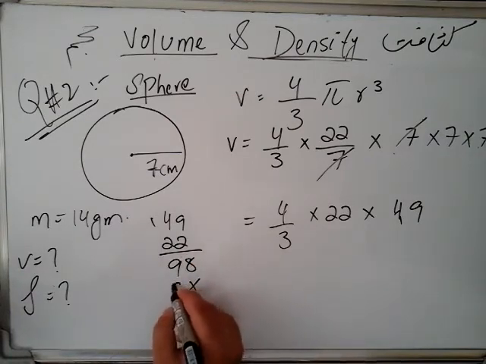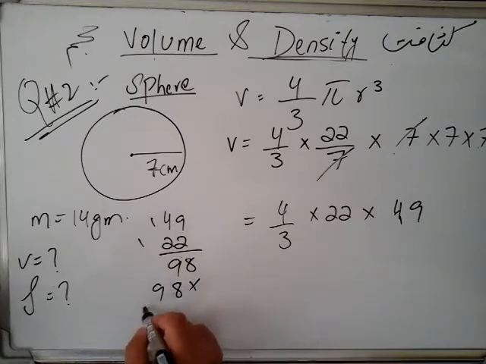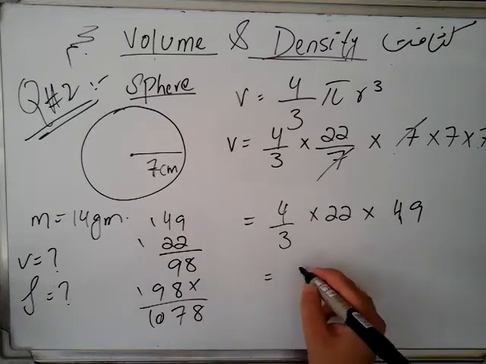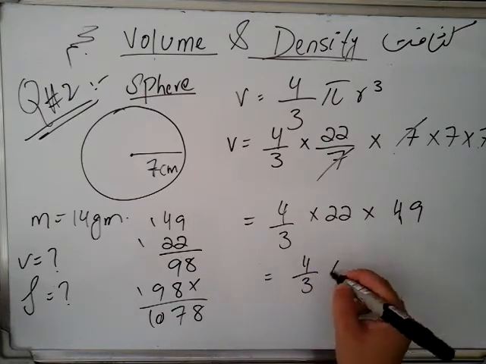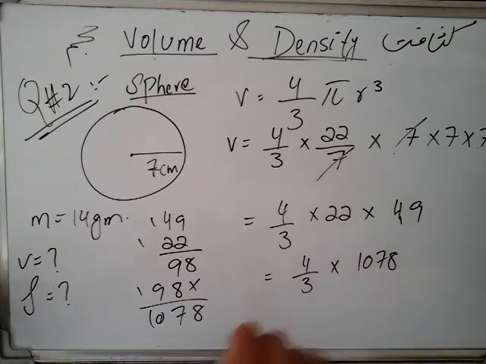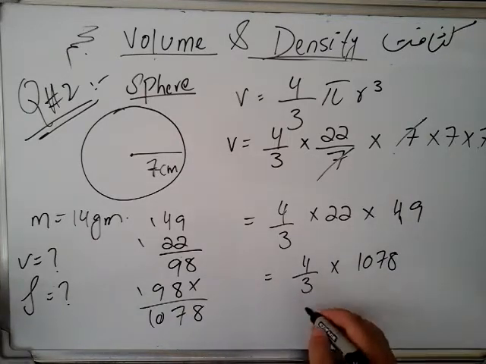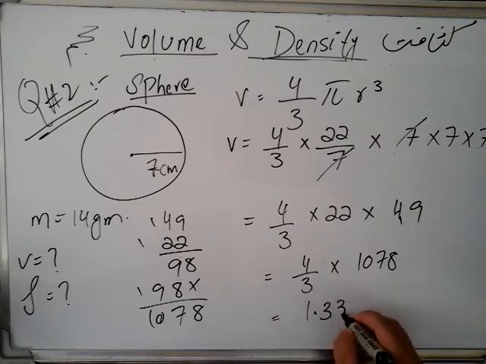So here you can do cross multiplication of 49 and 22, which gives 1078. So 4 over 3 multiplied by 1078, and if we divide 4 by 3, it will become somehow 1.33.